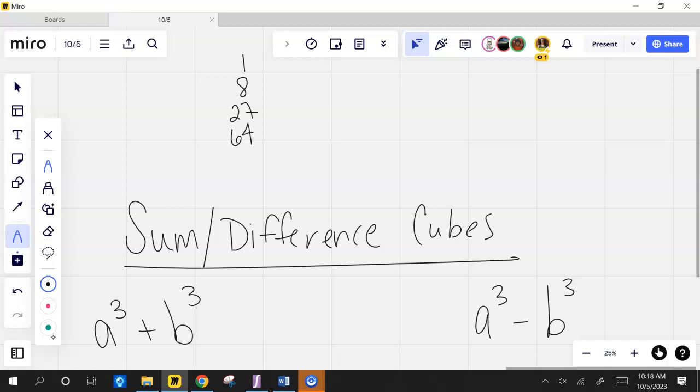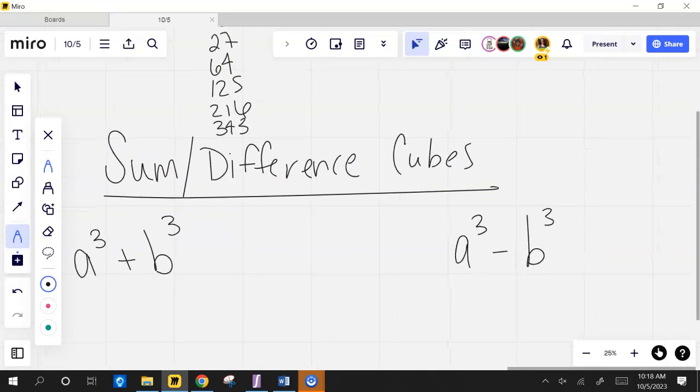What about the next one? There you go. You found your list, didn't you? Okay. We need to be able to recognize these numbers because that's going to clue us in that we're in a sum or difference of cubes type situation.